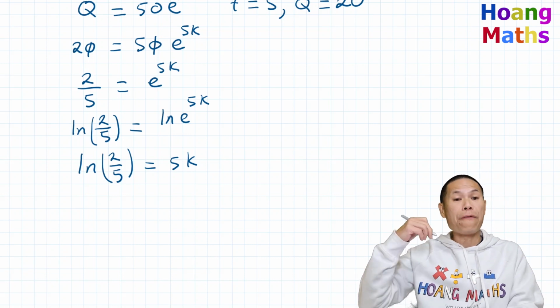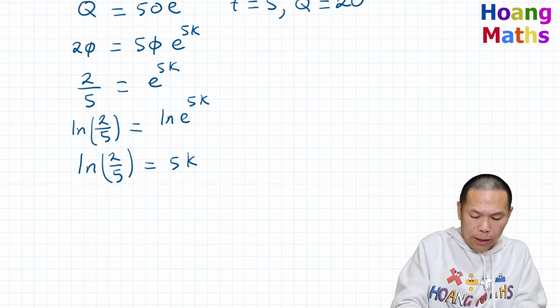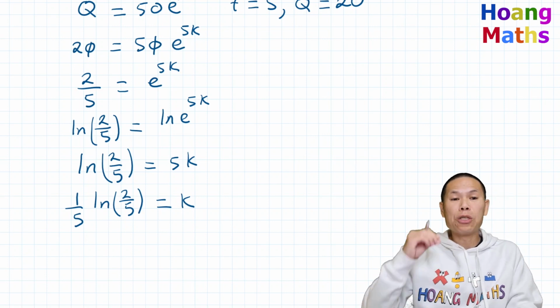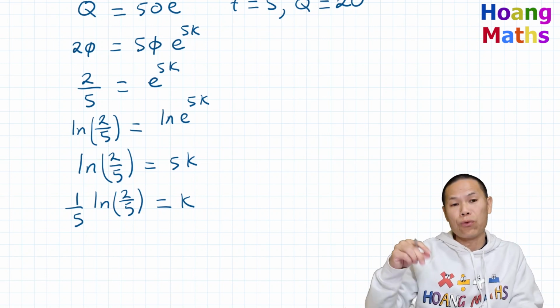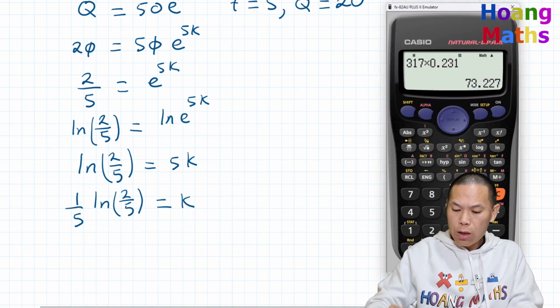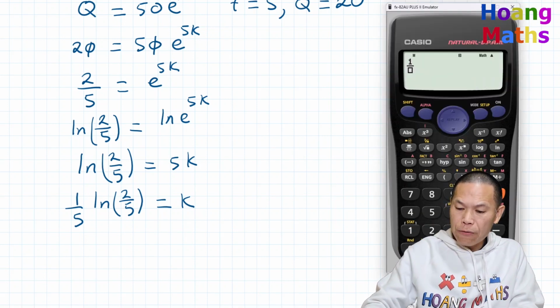Then I divide by 5 on both sides. So this is exactly the same as this: 1/5 ln 2 over 5 is k. Let me just put it on a calculator and round to 4 decimal places. I just go 1 over 5 times ln 2/5.